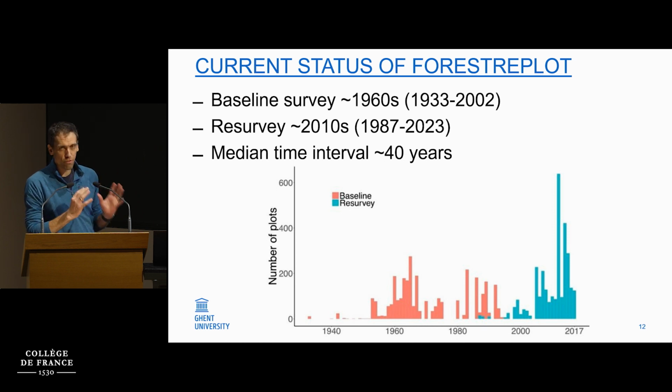But this is quite variable, as you can see here on this graph, with the baseline survey timing in red and the resurvey in blue. So the average baseline survey was done in the 1960s, more or less, but we have vegetation surveys going back as early as 1933. And then the average resurvey was done in the 2010s, but we have resurveys as recent as last year.